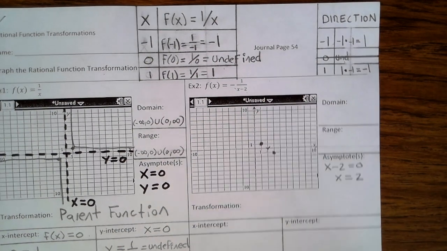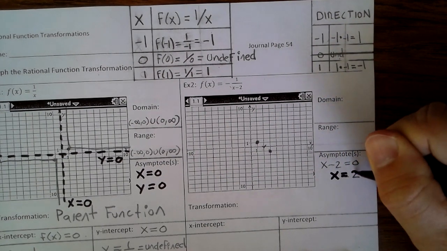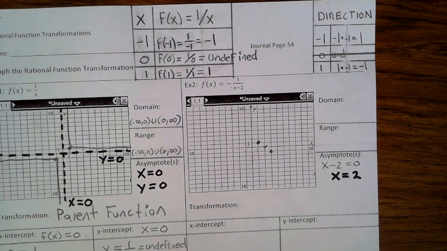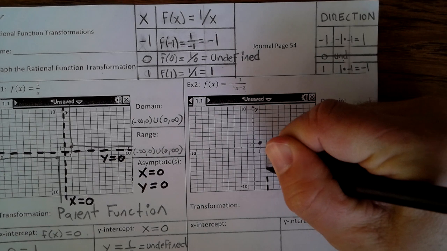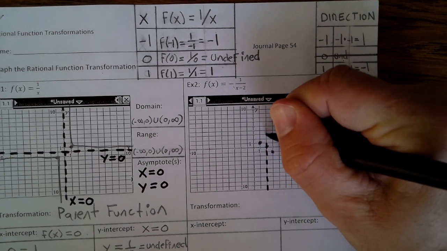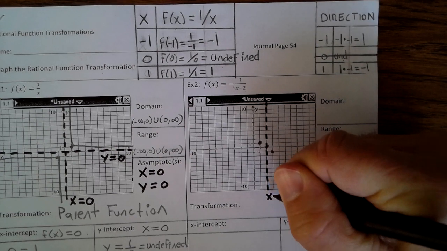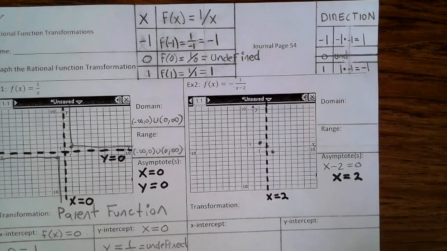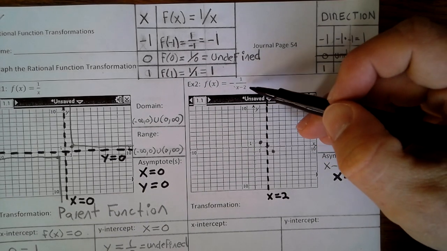There's one of our asymptotes, x equals 2. And since this graph didn't move up or down, we know that our horizontal asymptote is at y equals 0.